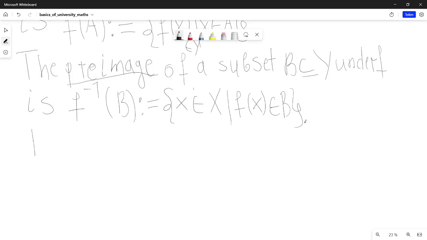Now we have another definition. No, let's have first a lemma about the properties of images and preimages.